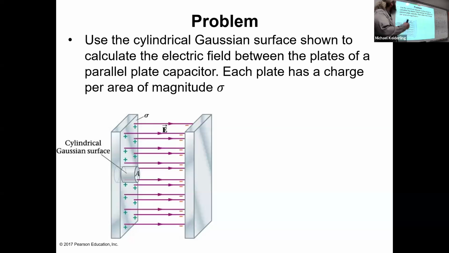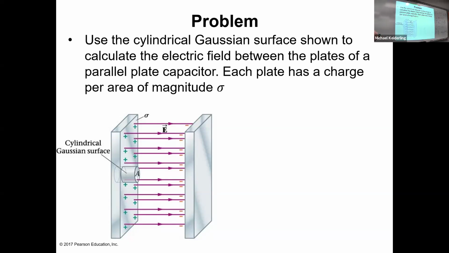In this parallel plate capacitor, each plate has a charge per unit area of magnitude sigma. And we want to calculate what the electric field inside this parallel plate capacitor is. So we can use Gauss's law.